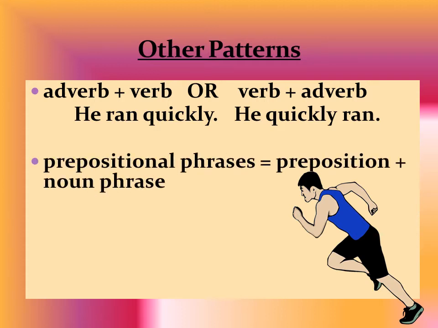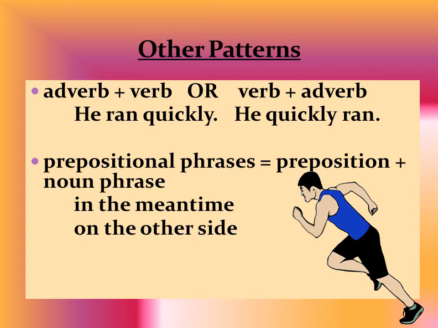We also want to chunk our prepositional phrases, meaning keeping those close together. A prepositional phrase has a preposition plus a noun phrase. So prepositions are usually small words, and they answer questions such as when. So we could say in the meantime, or where, on the other side, why, for the children.